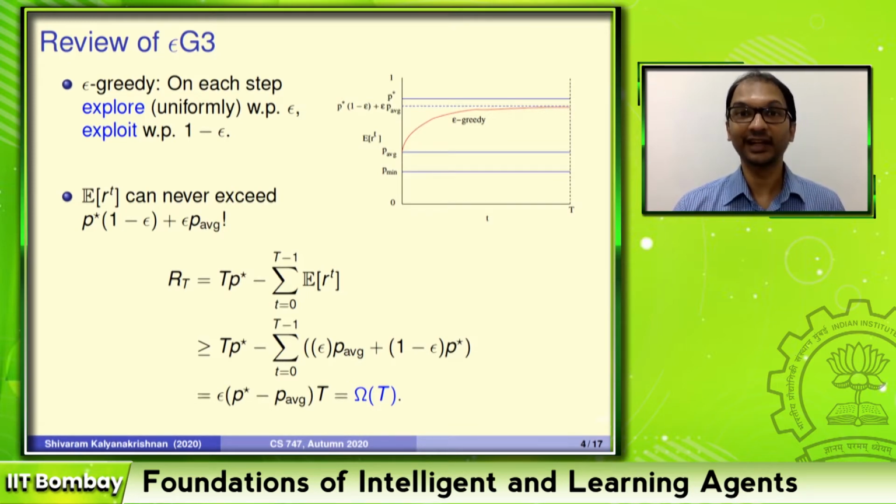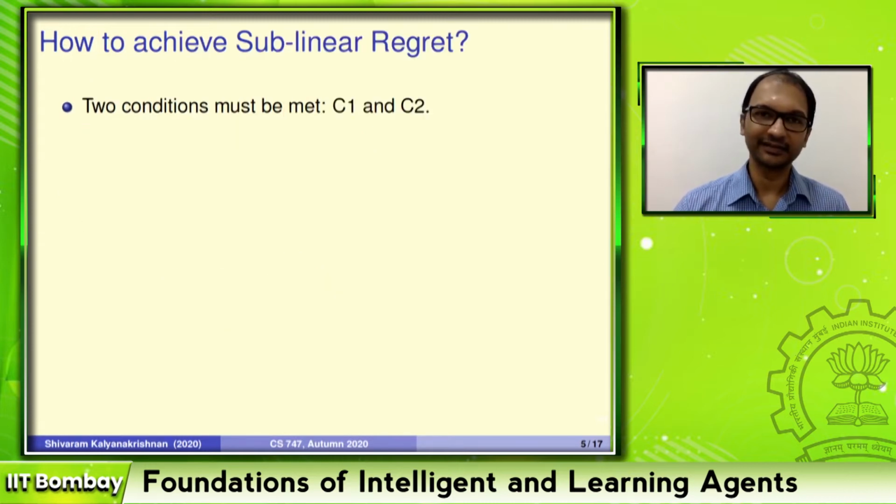The question is, can we do something about this? Can we somehow make a change to these algorithms and achieve sublinear regret? In general, if algorithms have to achieve sublinear regret, what properties must they have? So we will answer both these questions.